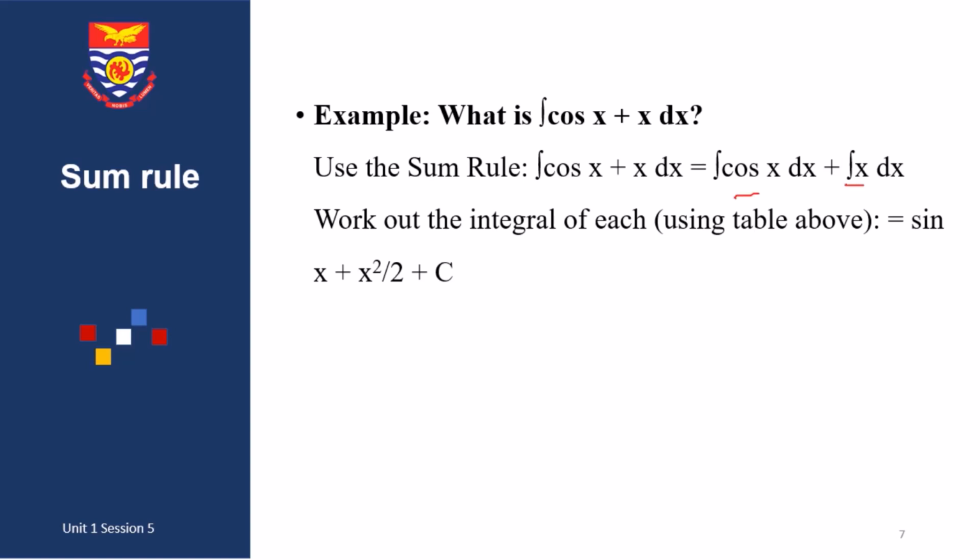So what simply happens here is we integrate one of the components separately, then after our integration we add them together. So we have to work out the integral of each using the previous table. So we all know that the integral of cos x will give us sine x, plus x will give us x squared divided by 2 plus c.